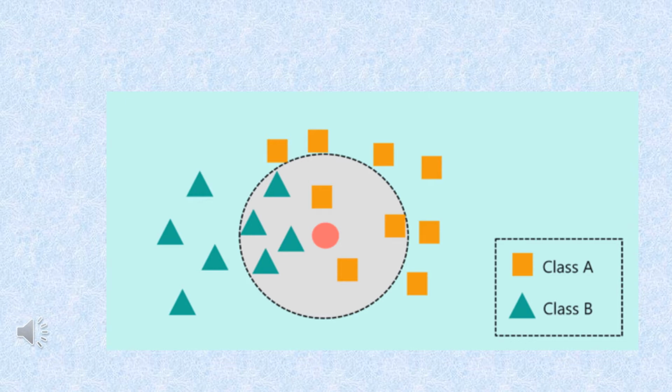Here I am basically telling my algorithm to look for the 7 nearest neighbors and classify the new data point into the class it is most similar to. So at k equal to 7, the neighbors include 3 squares and 4 triangles. So if I were to classify the new data point based on k equal to 7, then it would be assigned to class B, which is the triangle, since the majority of its neighbors were of class B.